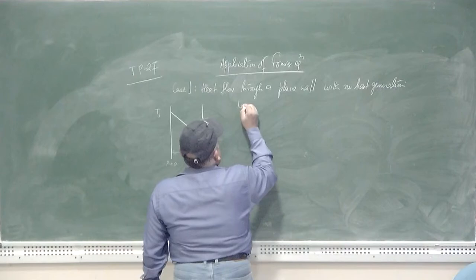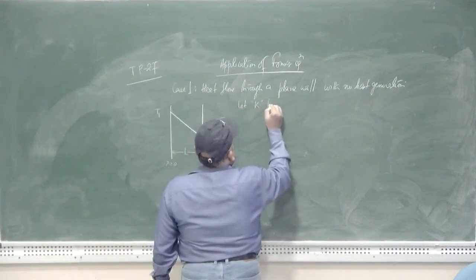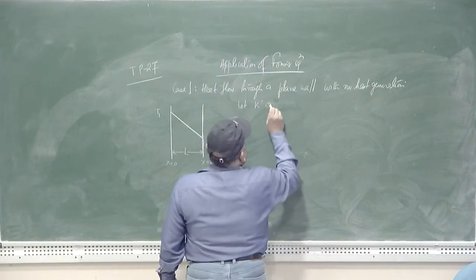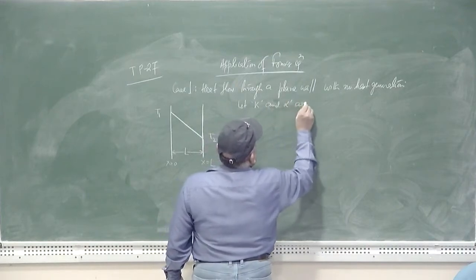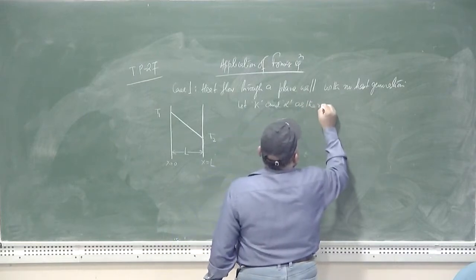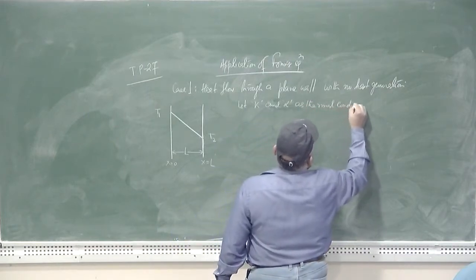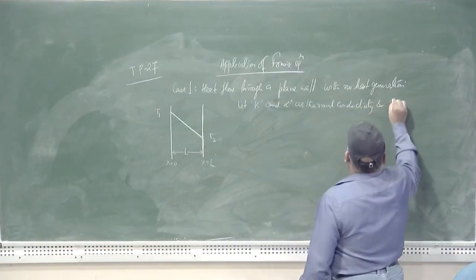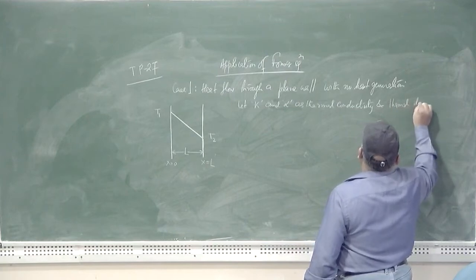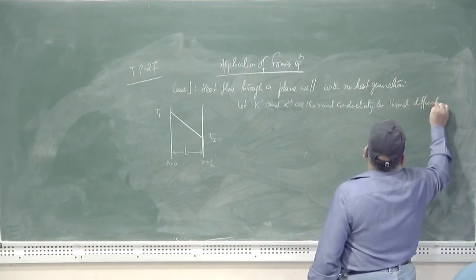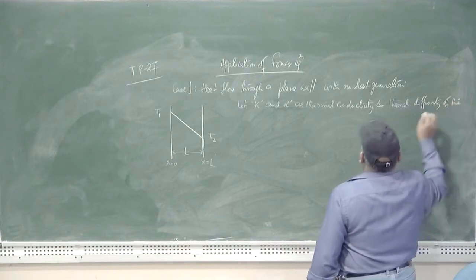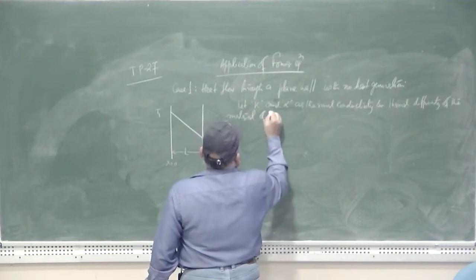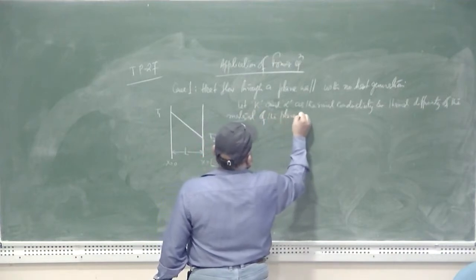So let K and alpha be the thermal conductivity and thermal diffusivity of the material of the plane wall respectively.